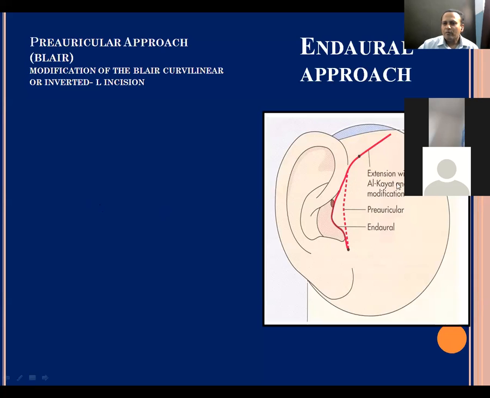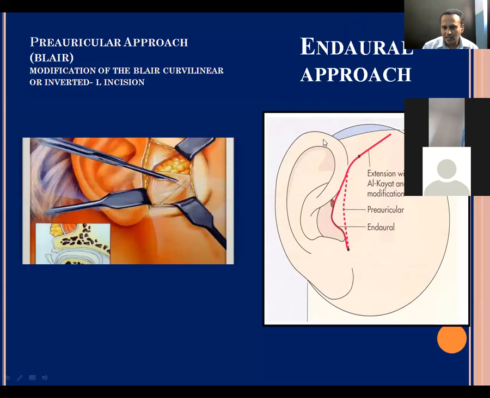So now, when we are placing a barrier, we generally use autogenous material. Autogenous means we can use the nearby region, the fascia and the muscle, which is the temporalis, this region. I'll come to that, I'll explain it.